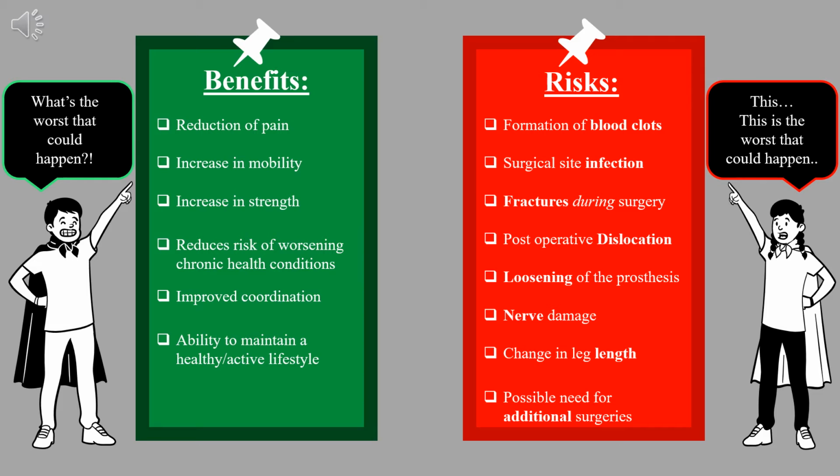Now that we've talked about all the good stuff, let's talk about all the negatives. Some of the risks included in a total hip arthroplasty kind of coincide with the risks of a general surgery, across the board surgery.